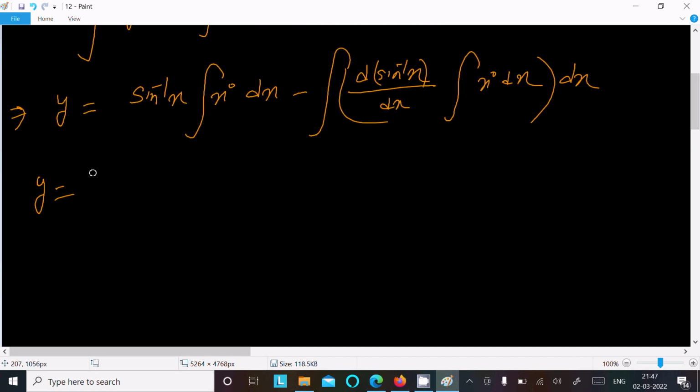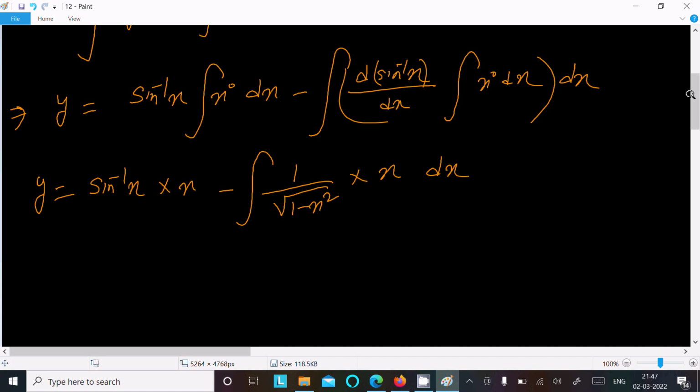Now y equals sine inverse x times the integration of x power 0, that is x, and the differentiation of sine inverse x is 1 divided by root 1 minus x square. Then the integration of x power 0, x, and dx.